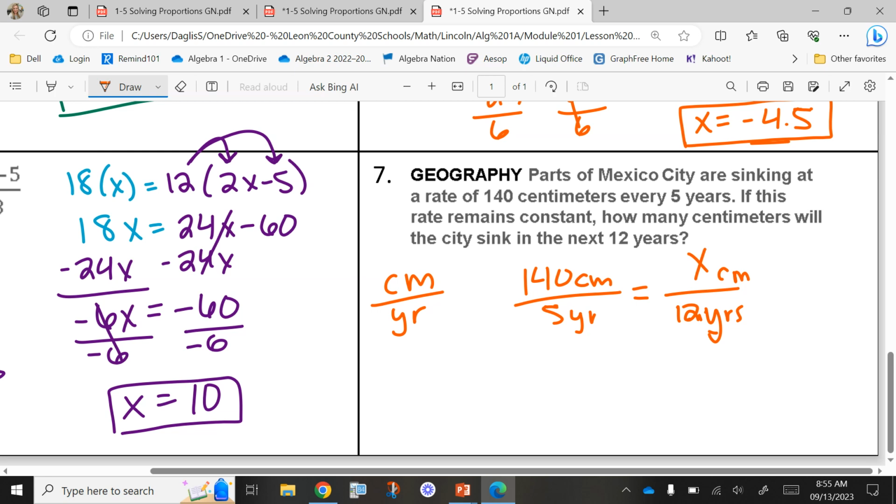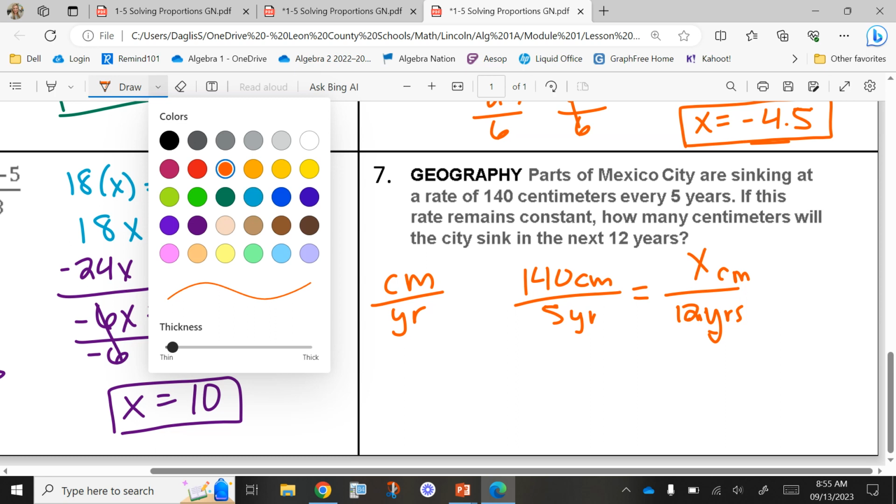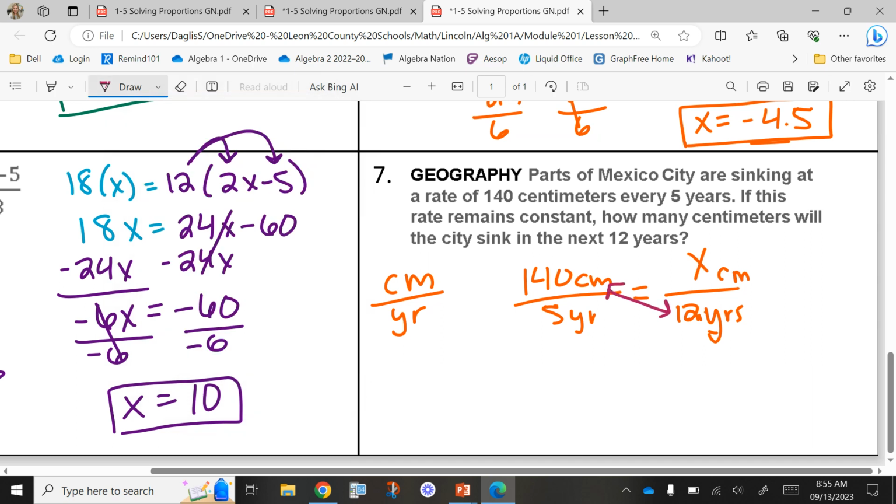Okay. And now it's like one of our beginning ratios. So when we cross multiply, tell me what I'm going to multiply together first. What is it? What are you going to multiply together first? So 12 times 140 equals 5 times x.